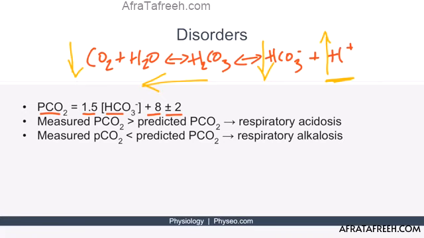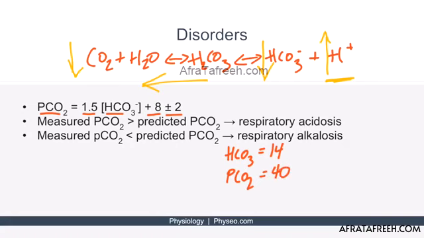Let's say we measure the bicarbonate in the blood, which is 14 milliequivalents per liter, and the partial pressure of carbon dioxide is 40 millimeters of mercury. A normal bicarbonate concentration is 22 to 28, and a normal partial pressure of carbon dioxide is 33 to 44.